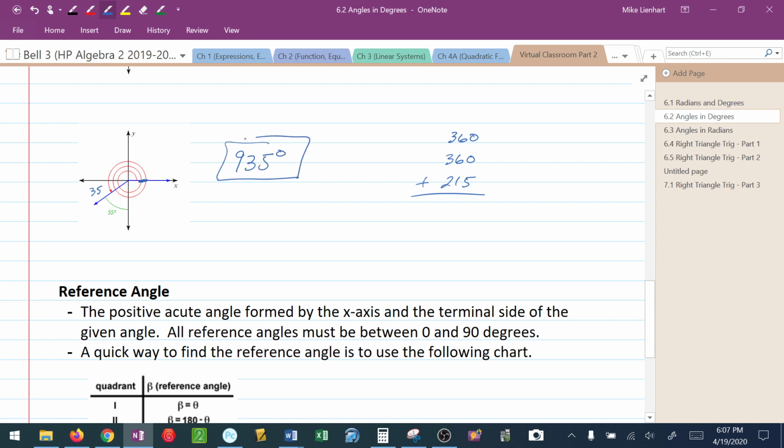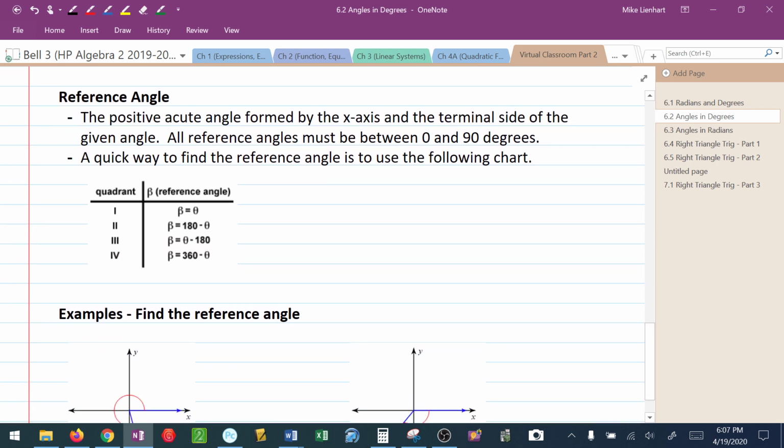All right. Now, the last thing that we're going to talk about in this lesson is what is called a reference angle. And reference angles are going to be of huge importance to us once we get into doing trigonometry on the unit circle. All right? Our reference angle is, by definition, the positive acute angle formed by the x-axis and the terminal side of a given angle.